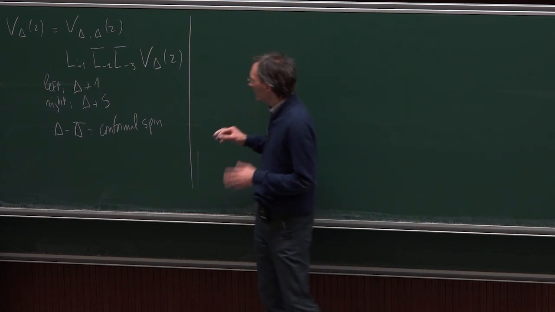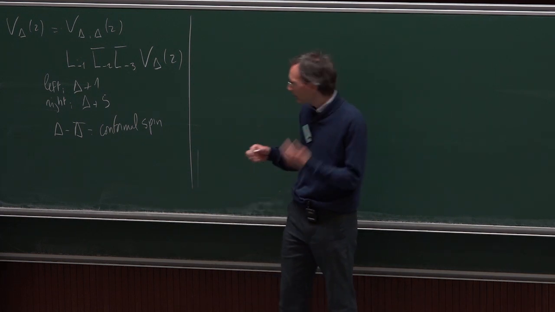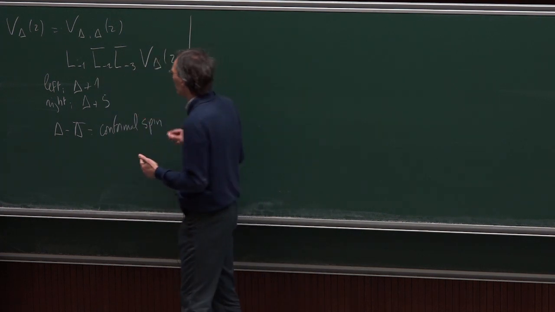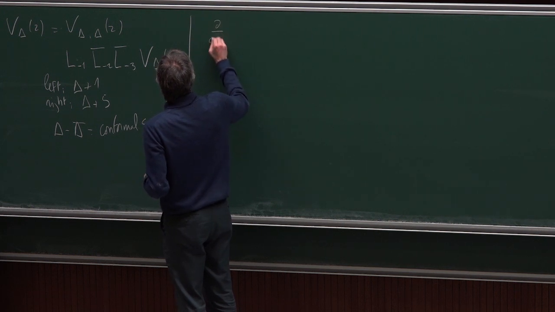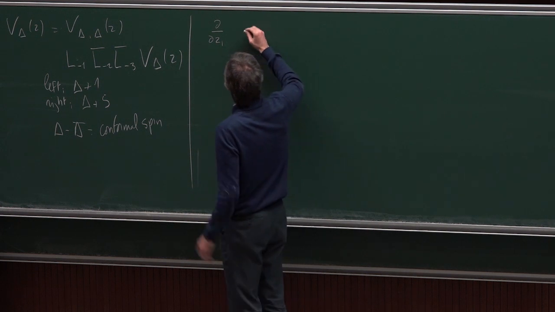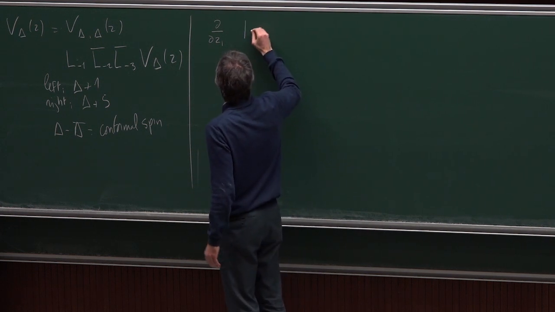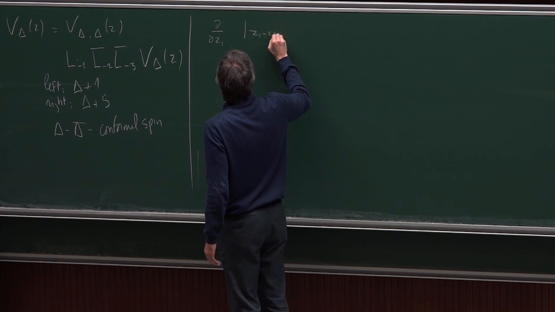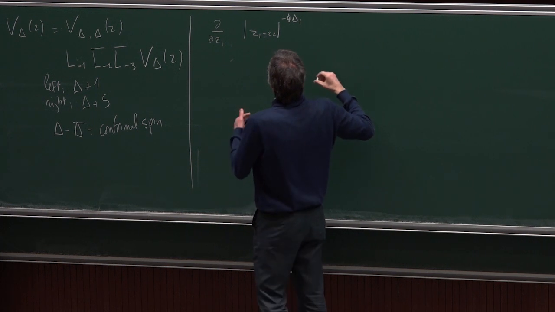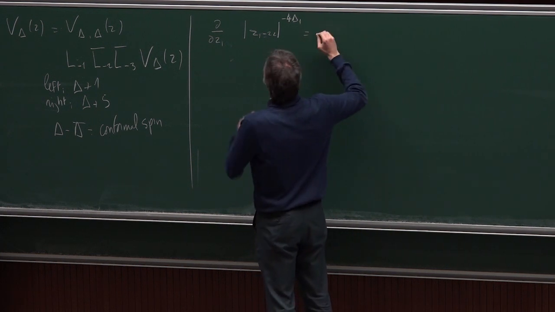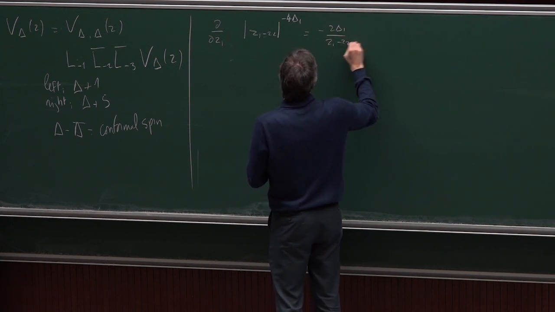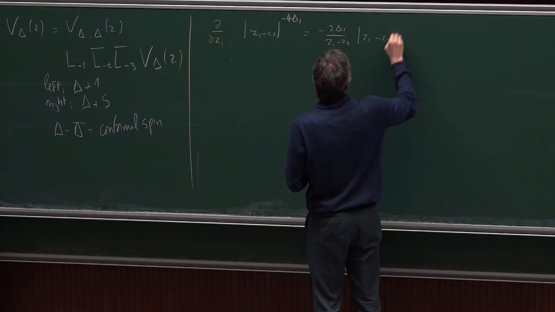Yes, essentially. That's a good question. Will correlation functions remain single-valued if I consider descendants like that? The answer is essentially yes. For example, if you consider d by dz1, which is L minus 1, acting on my correlation function, which is, let me write it as z1 minus z2 to the minus 4 delta 1, I will get minus 2 delta 1 over z1 minus z2 times my correlation function.